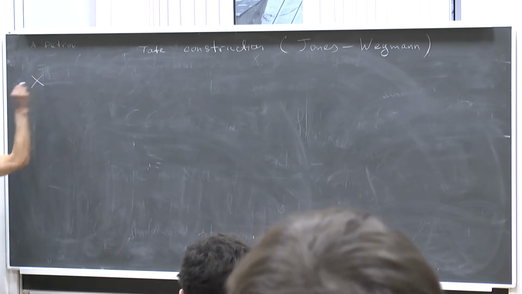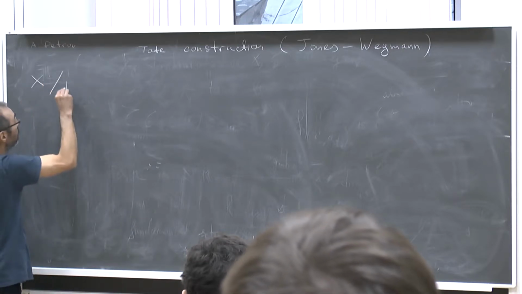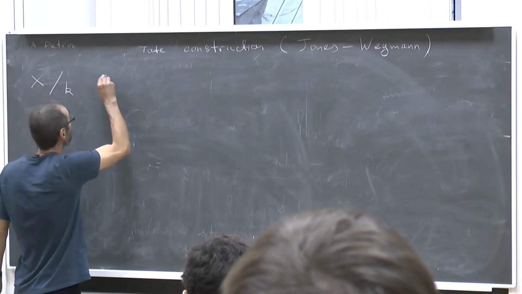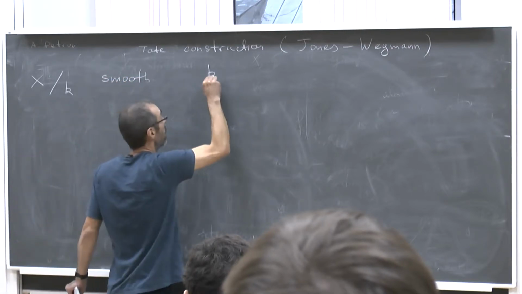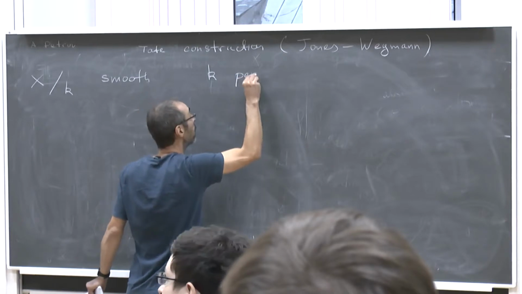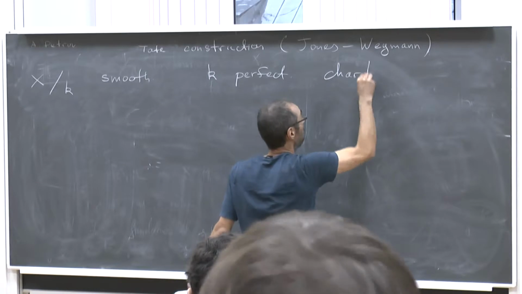So I start with a smooth scheme over a perfect field of positive characteristic.